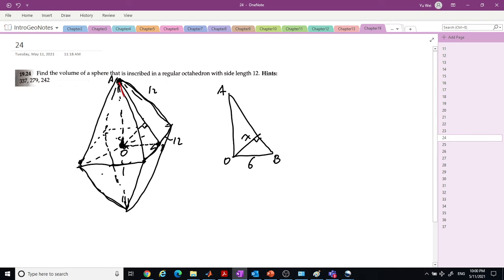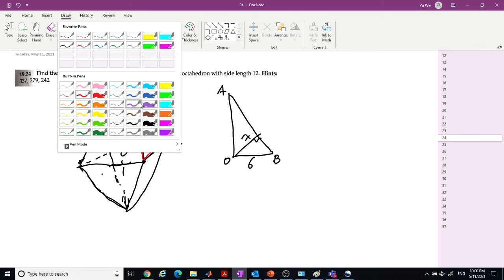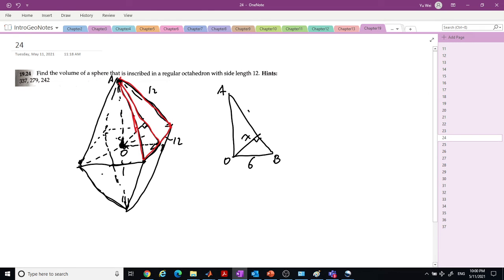We have an equilateral triangle, right? So this is the height of the triangle, which is root 3 over 2 times 12, equal to 6 root 3.